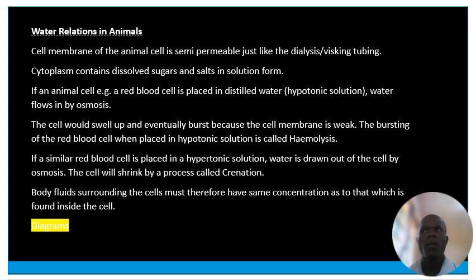That's what we mean by hemolysis, whereby an animal cell is placed in a hypotonic solution, gains water by osmosis, and then bursts. And then we have what we call crenation. Crenation is whereby an animal cell is placed in a highly concentrated solution, which is most likely a hypertonic solution.